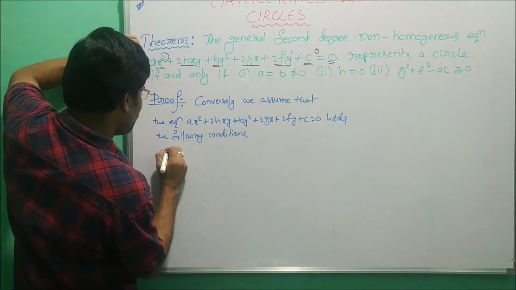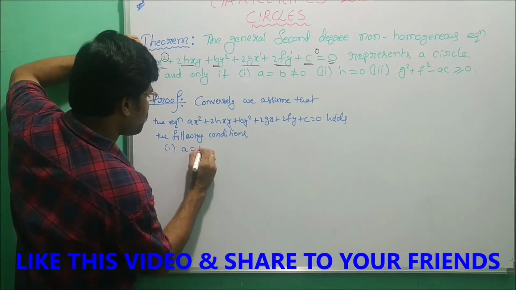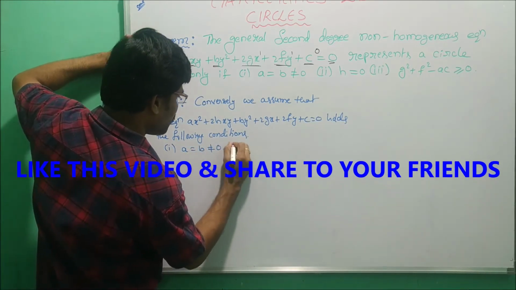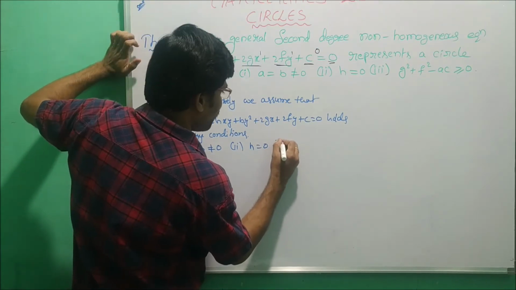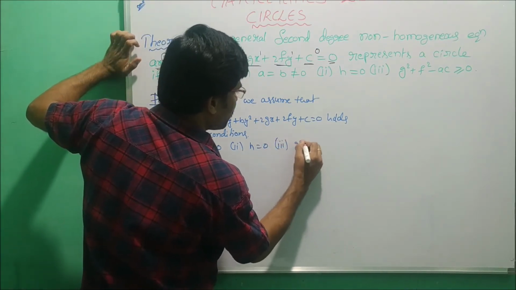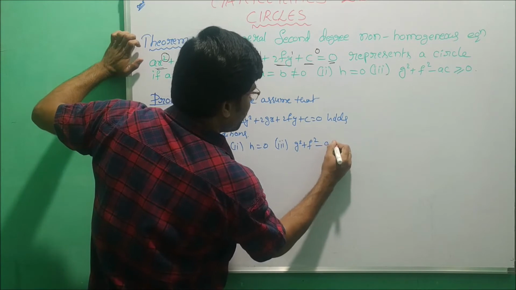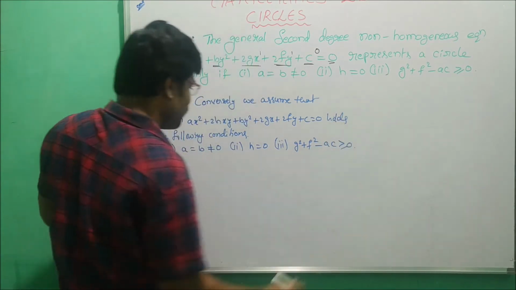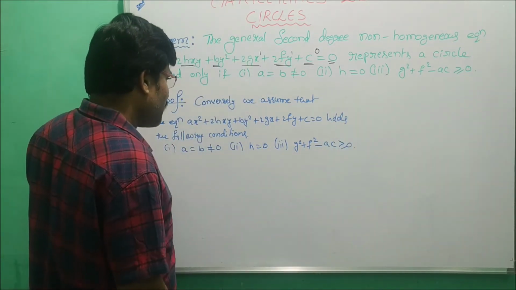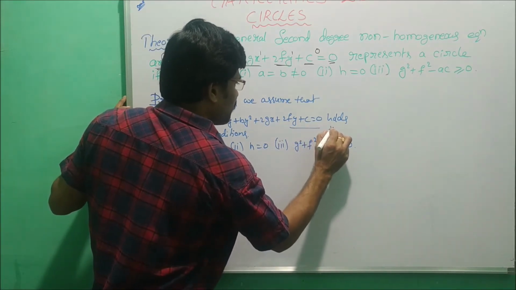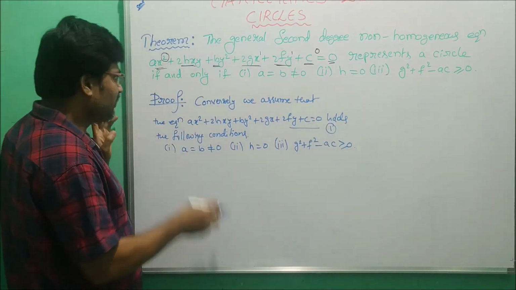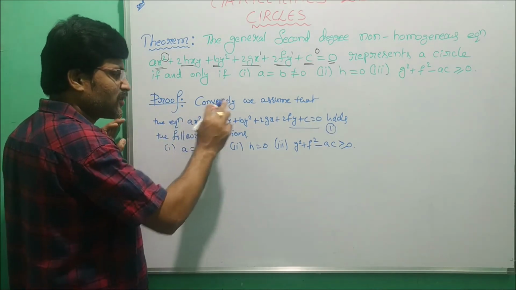That are, first one, a equals b, which is not equal to 0. Second one, h equals 0. And the final one, g square plus f square minus ac is greater than or equal to 0. Here we observe that this is, let it be equation 1 in this converse proof.